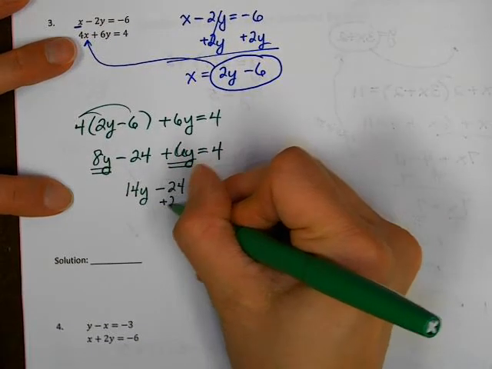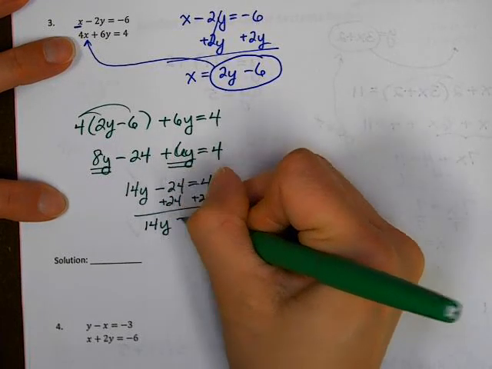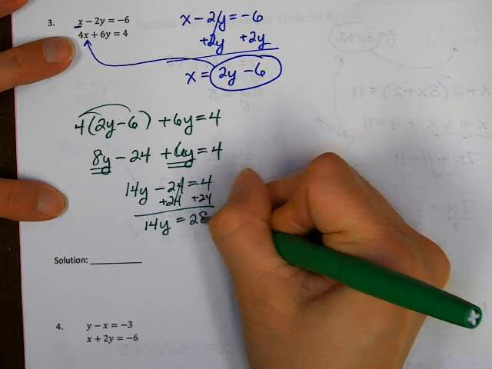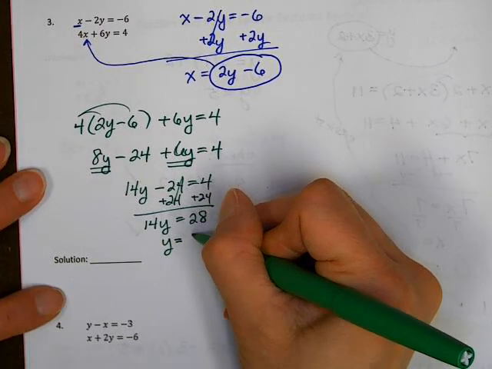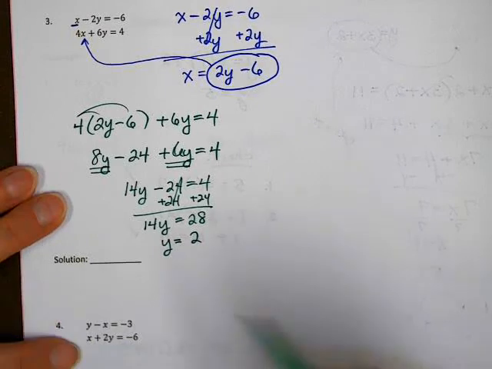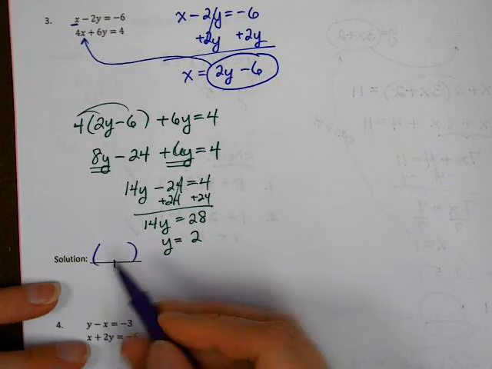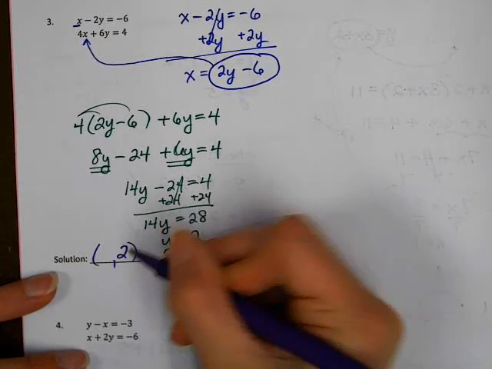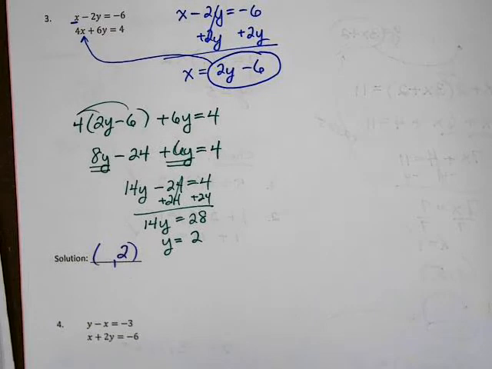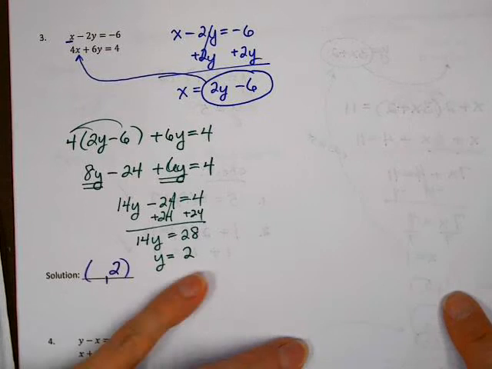Let's add 24 to both sides. 14y equals 28 and y equals 2. So in terms of my solution, I am halfway there. Which half did we find, the x or the y? We found the y number, but we need to find the x number. So we're going to go ahead and replace y with the number 2.